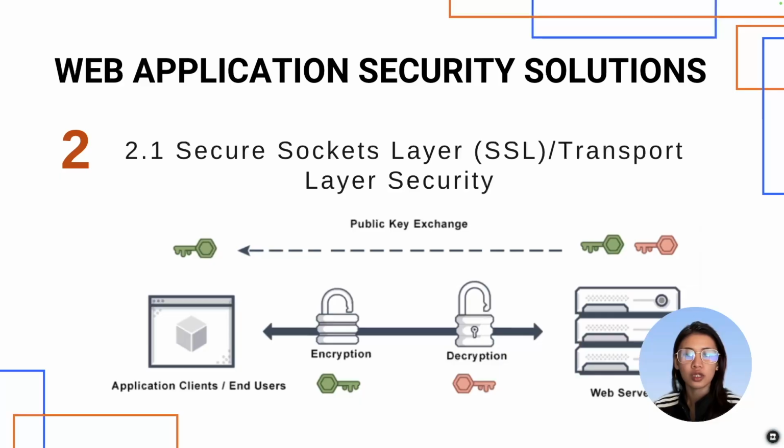So this ensures that even if the data is intercepted during transmission, it cannot be read without the private key. So the process provides confidentiality and protects sensitive information such as login credentials and personal data during communication.